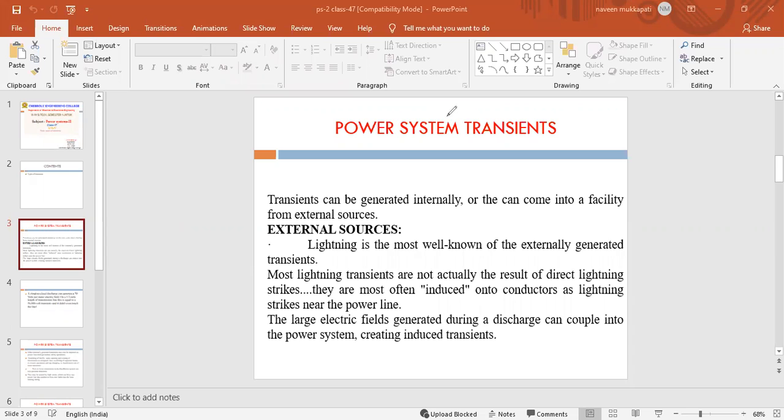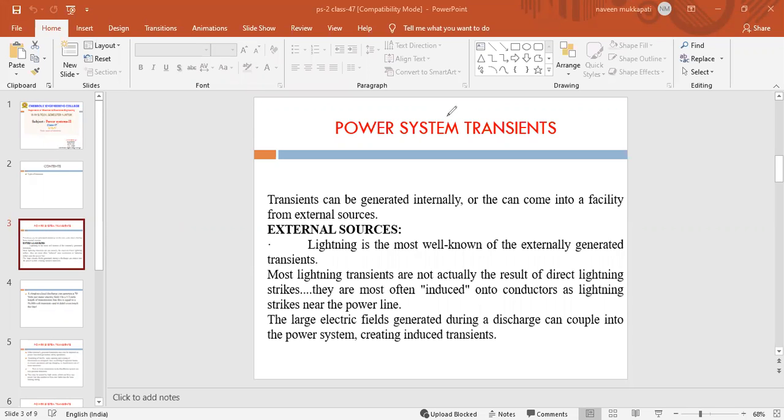Transients are due to two kinds of causes: the internal causes, and the external causes.